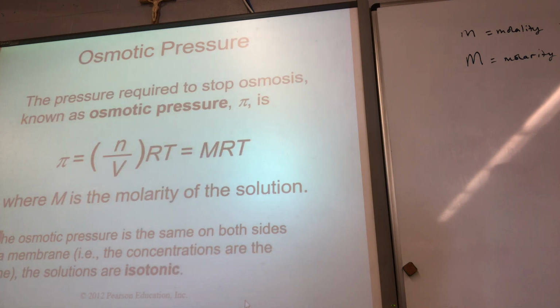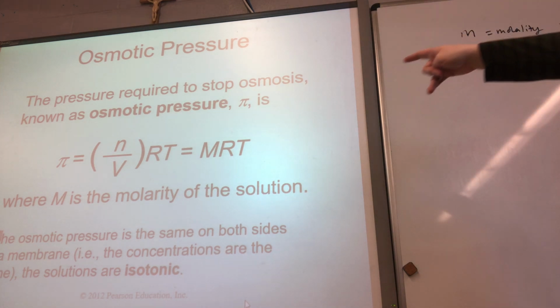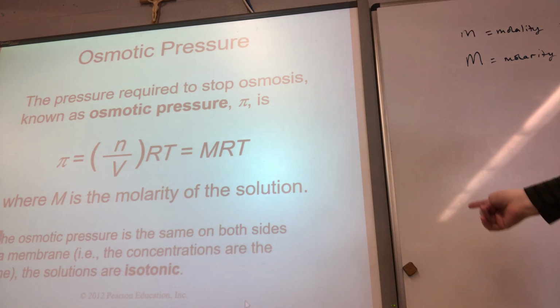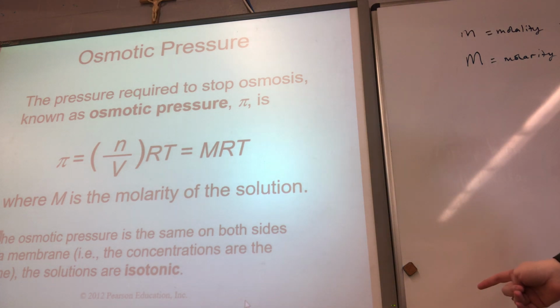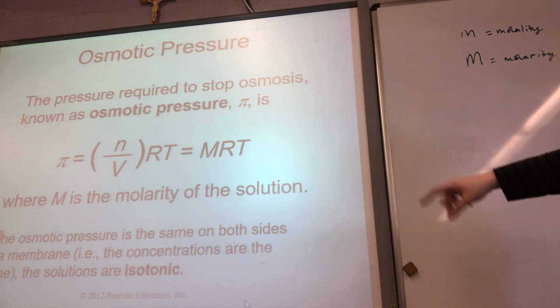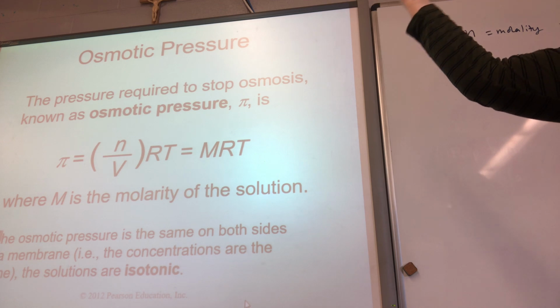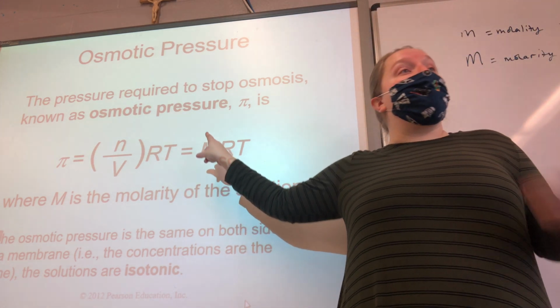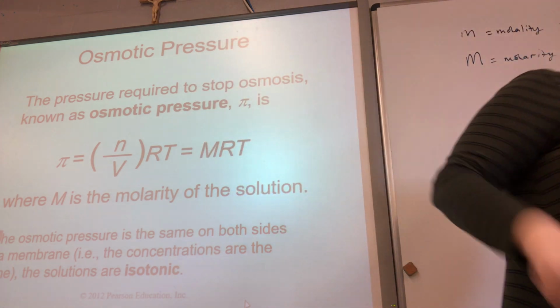All right. Here's an equation for calculating the osmotic pressure of a solution. Do you need to know this equation? No. Am I going to ask you to do math with it? I don't think so. So I would not worry too much about this, but understand that you can calculate the osmotic pressure of a solution using the molarity. Remember, capital M is molarity.